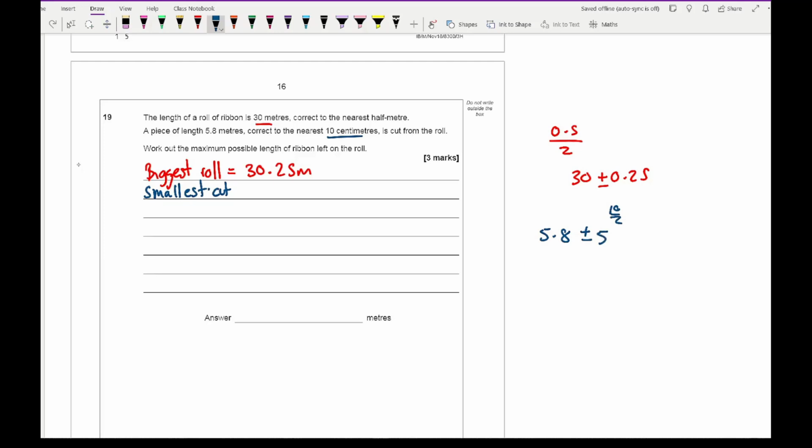And so actually it should be 0.05 in terms of there. Okay. And so that's going to be 5.75. Then if we take the two numbers away, so I've got 30.25 minus 5.75, should get an answer 24.5.